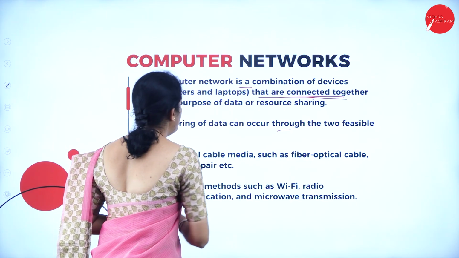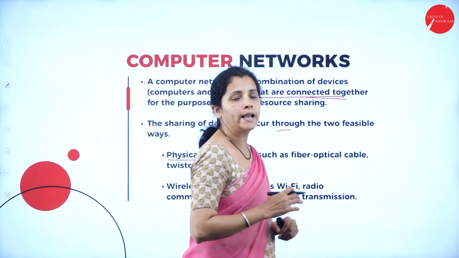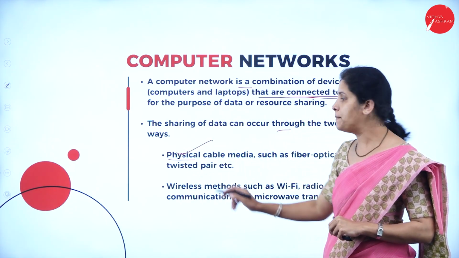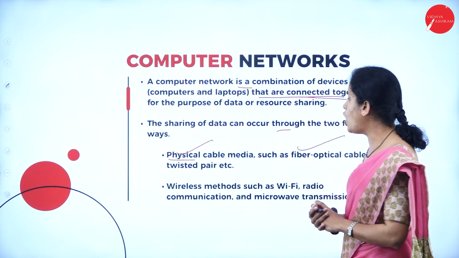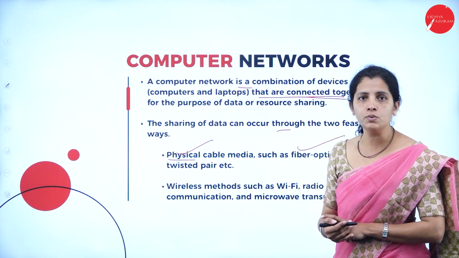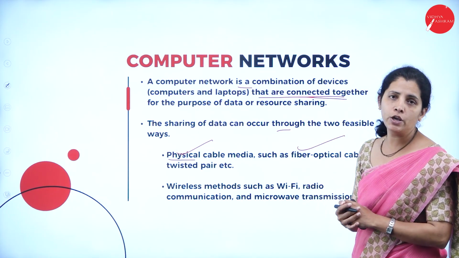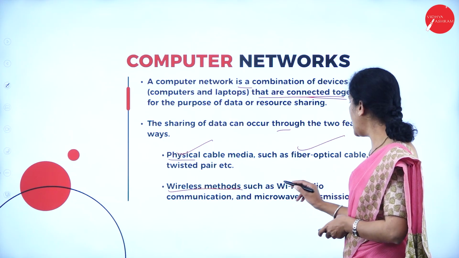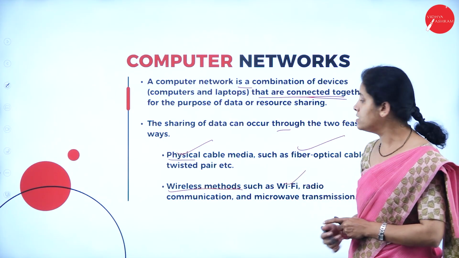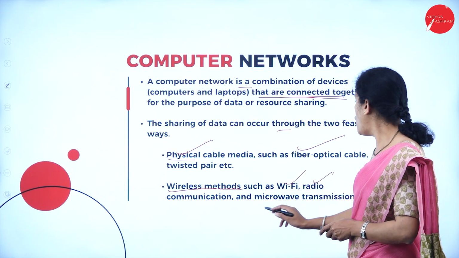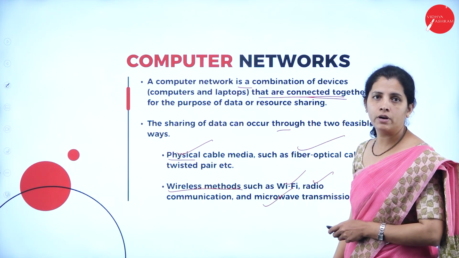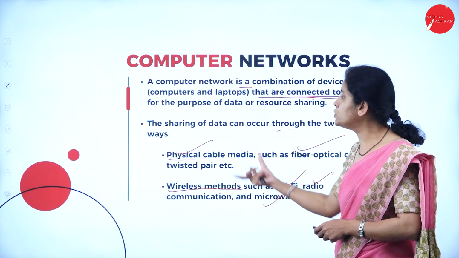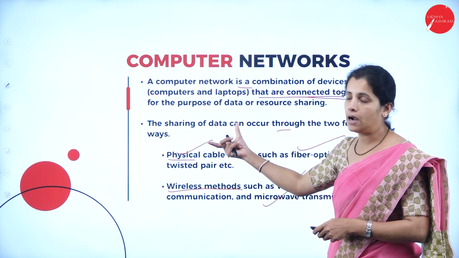One is the physical cable, in the sense I can transfer the data by using a physical cable such as fiber optics, coaxial or twisted pair cable. The other method is the wireless method, where I can have a Wi-Fi connection, radio wave or microwave transmission. So these are the two media used to share the data.